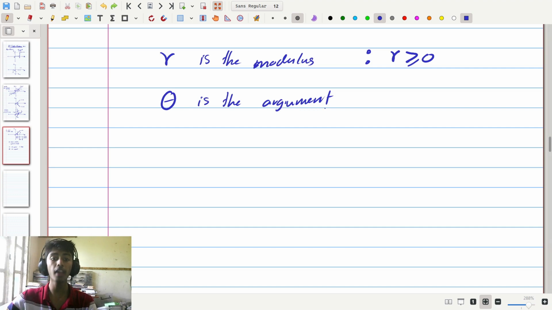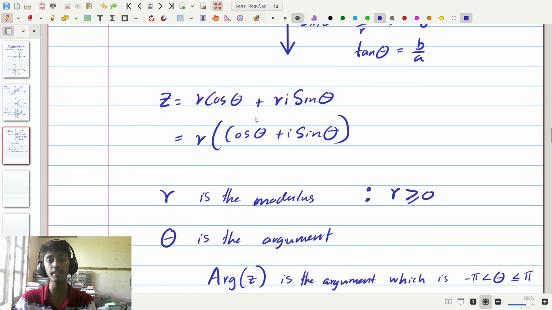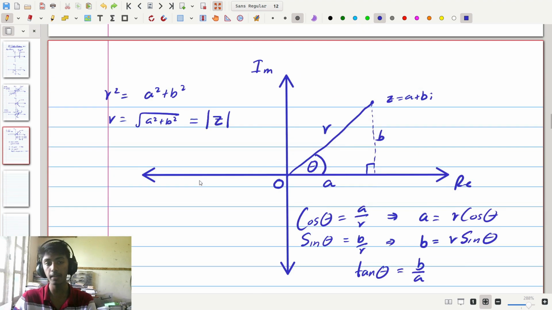Now, the principal argument is represented by capital ARG. So we can say capital ARG of a given complex number, let's say Z, is the argument theta which is such that theta is in between negative pi and positive pi, but for positive pi we have inclusive. The reason for that is because eventually you will need pi radian angle, because we need negative numbers.